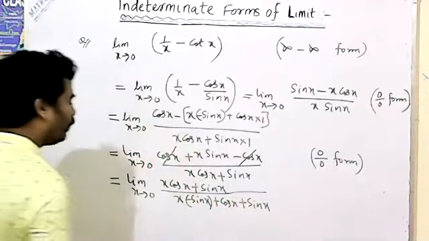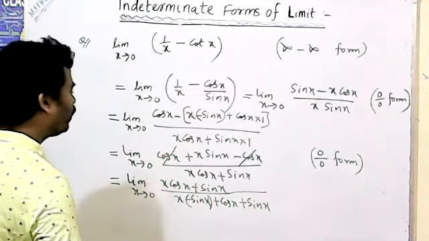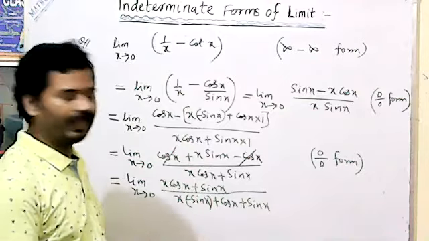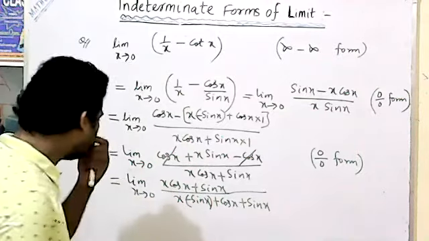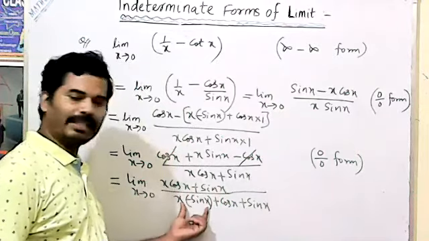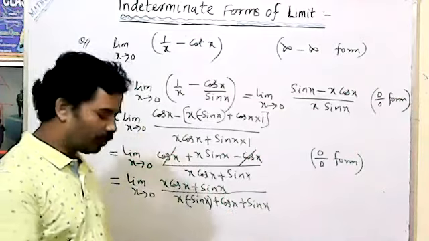Now you put the value and check whether it is a 0 by 0 form or infinity by infinity form or any other form. In the upper part it comes to 0, in the lower part this part is 0, this part is equal to 0, this part is equal to 1.